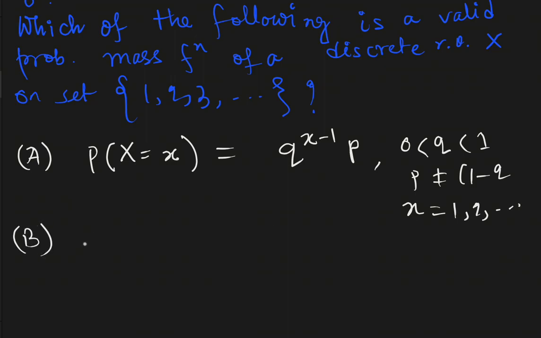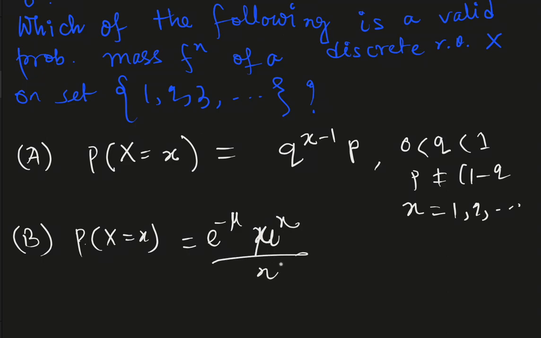B is P(X = x) equal to e to the power minus mu times mu to the power x by x factorial, and x equal to 1, 2, 3, and so on, and mu greater than 0.